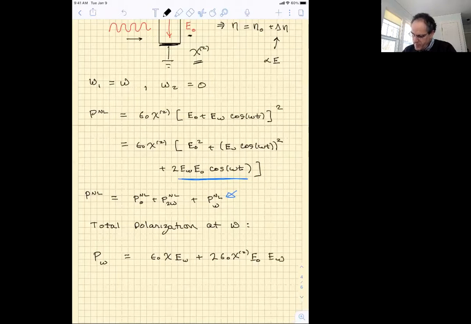Or if we like, we can write this as epsilon 0 times chi, the electric susceptibility, plus 2 chi 2 E0, times the electric field of frequency omega.